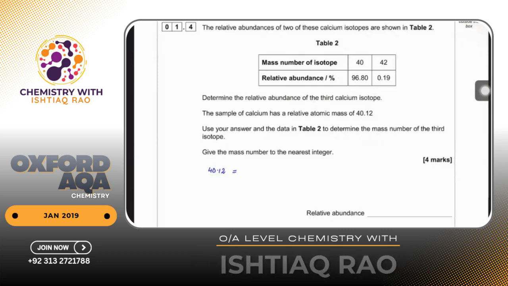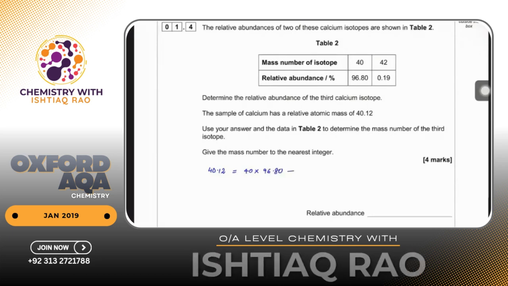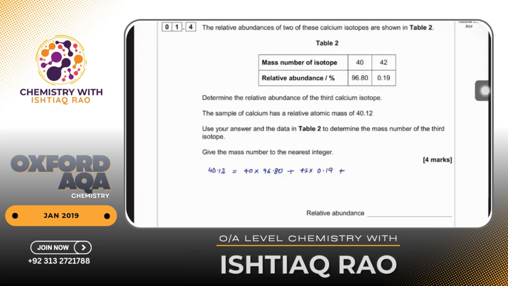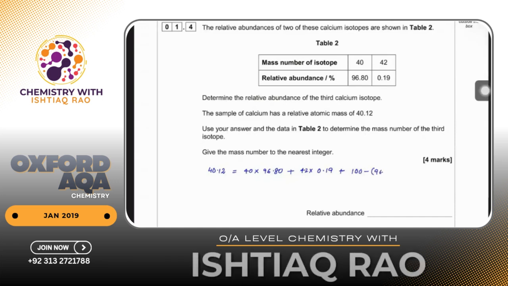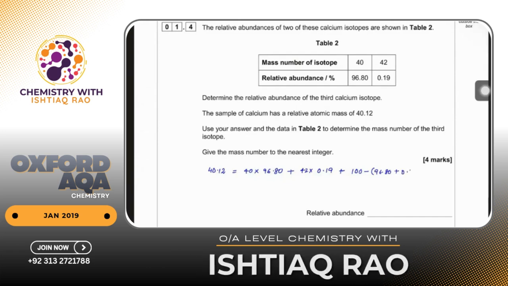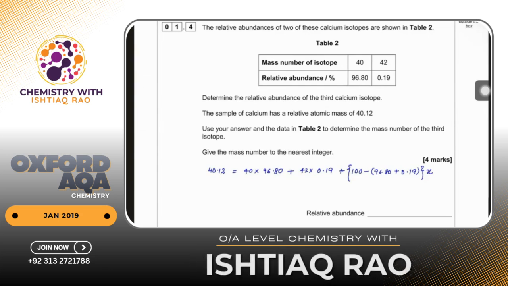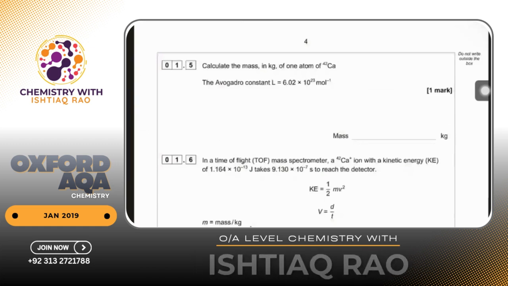So it's 40 times 96.80 plus 42 times 0.19 plus 100 minus 96.80 plus 0.19 times x, isn't it? Divided by 100. Okay, yeah, like that.